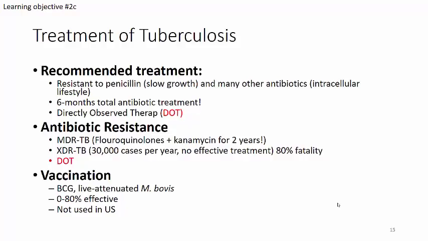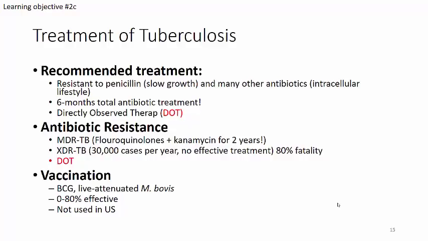Generally it's 6 months of total antibiotic treatment, and it's often recommended that this is directly observed therapy or DOT, meaning you go to a healthcare facility to take your antibiotic, because taking them regularly and at the same time every day is very important for ensuring that the TB doesn't persist in your body or become drug resistant. If the TB that you're infected with is antibiotic resistant, mildly drug resistant or extensively drug resistant, it means longer antibiotic treatment or very few effective treatments, unfortunately.